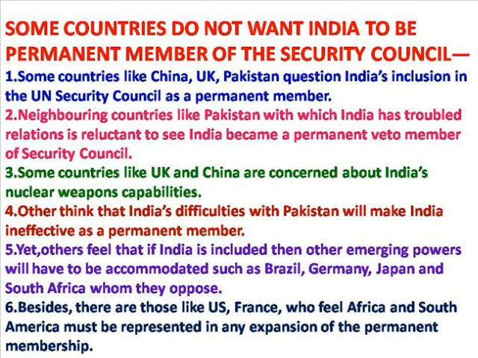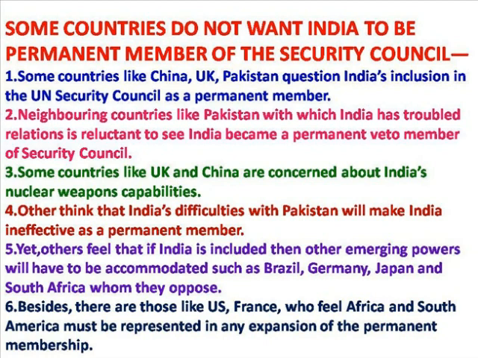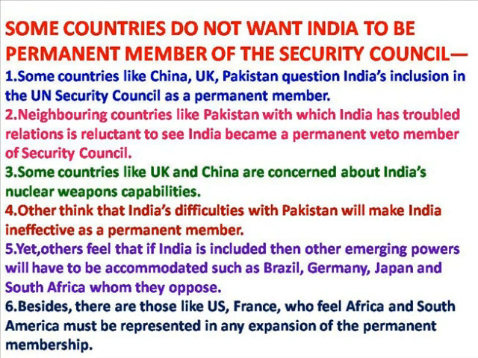Neighboring countries like Pakistan, with which India has troubled relations, are reluctant to see India become a permanent veto member of the Security Council. Not only this, some countries like UK and China are also concerned about India's nuclear weapon capabilities. Others think that India's difficulties with Pakistan will make India ineffective as a permanent member.